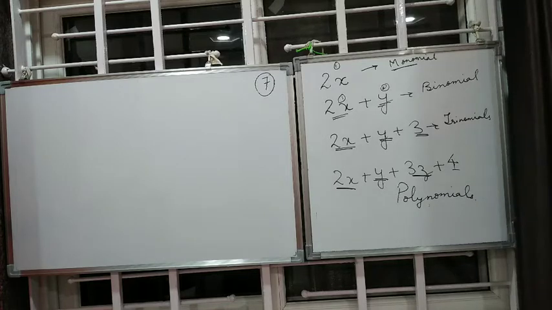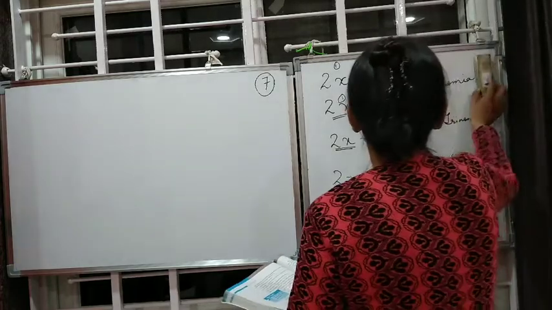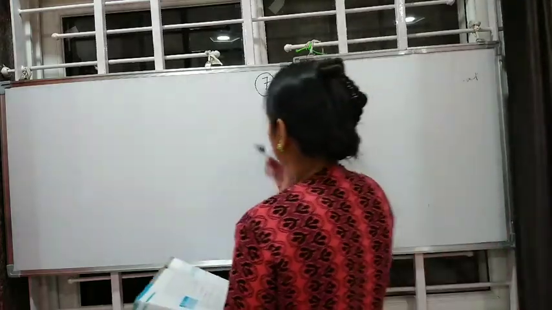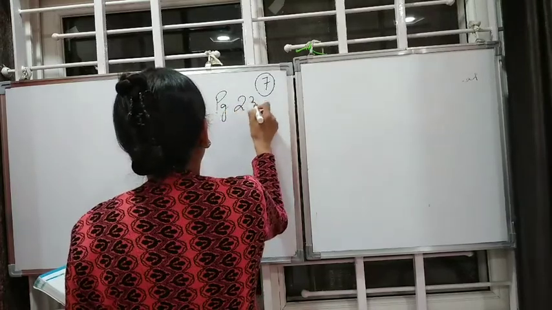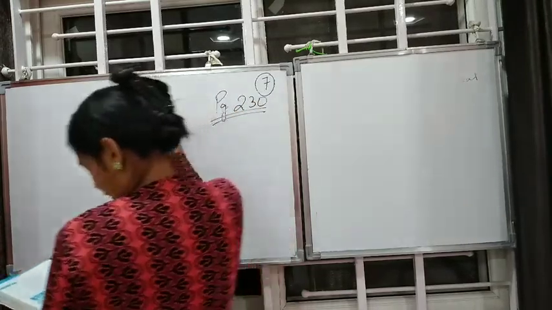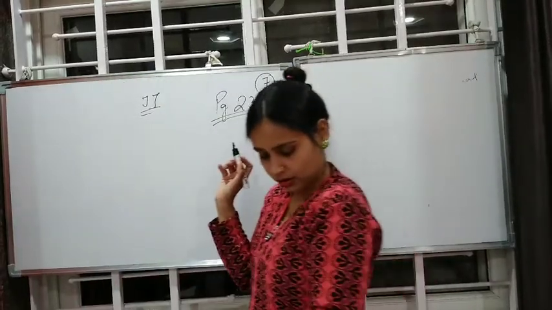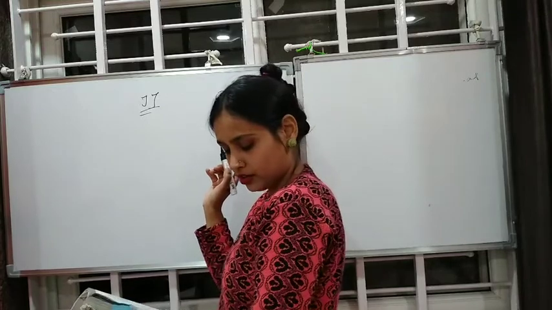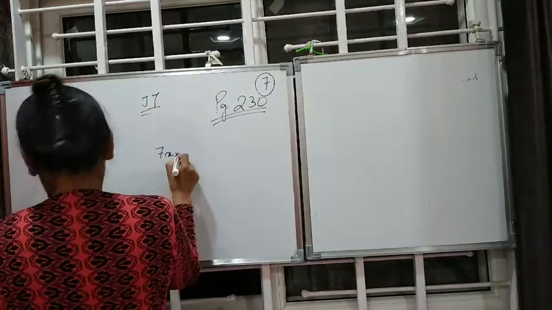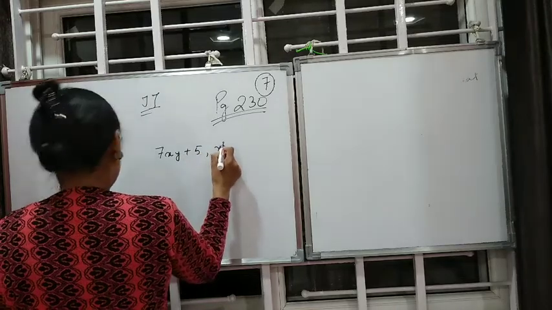So the first Try These is given on page number 230. Let's start. Try These. Describe how the following expressions are obtained. So 7xy. Children, we are going to discuss this.